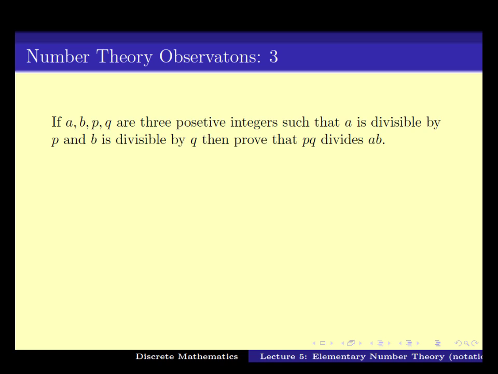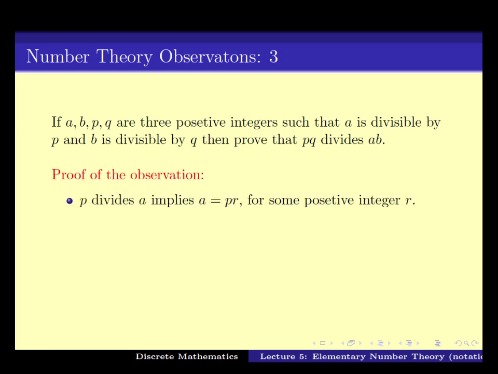Again, it follows from the first principle. So here is the proof. p divides a, that means a equals p times r for some positive integer r. Similarly, q divides b, that means b equals q times s for some positive integer s.